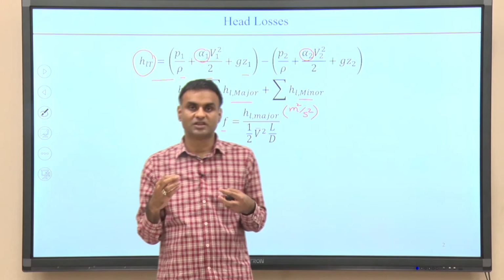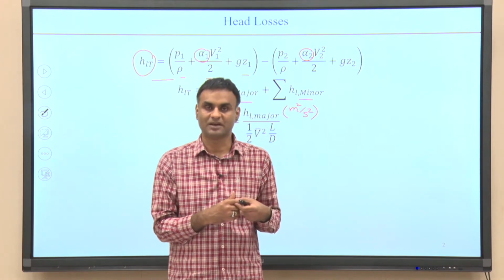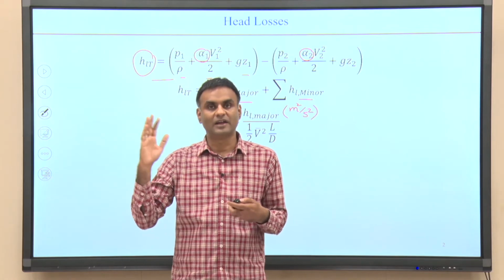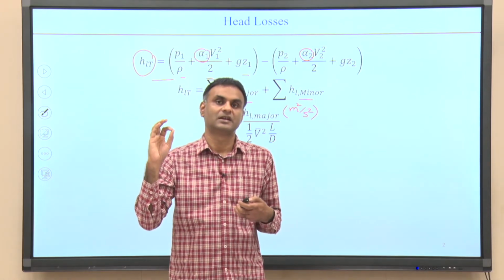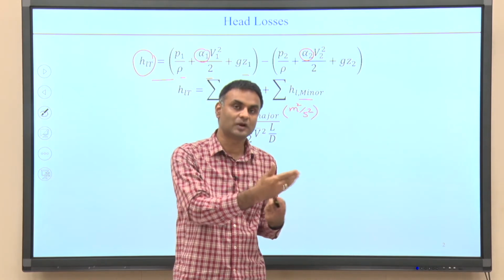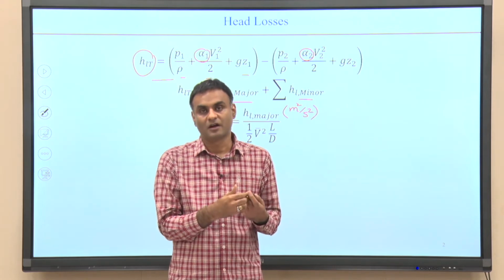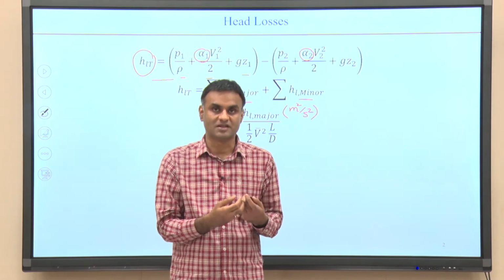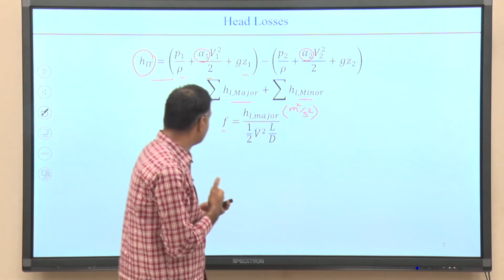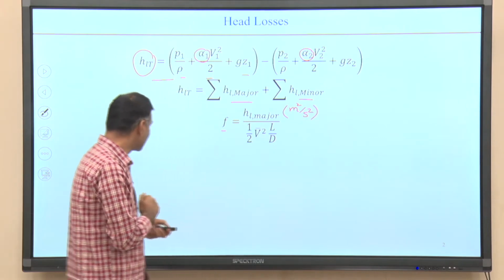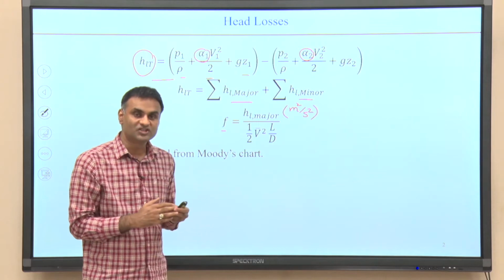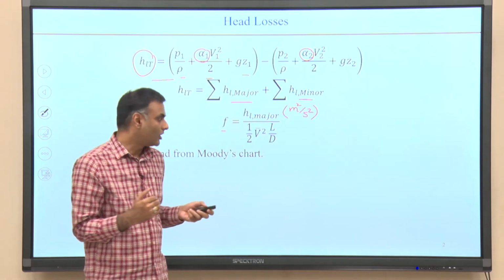Because most of the flows that we deal with in chemical engineering applications are turbulent, often we use the value of kinetic energy correction factor as 1. But in other applications, say flow in microfluidics, we need to take this kinetic energy correction factor as equal to 2.